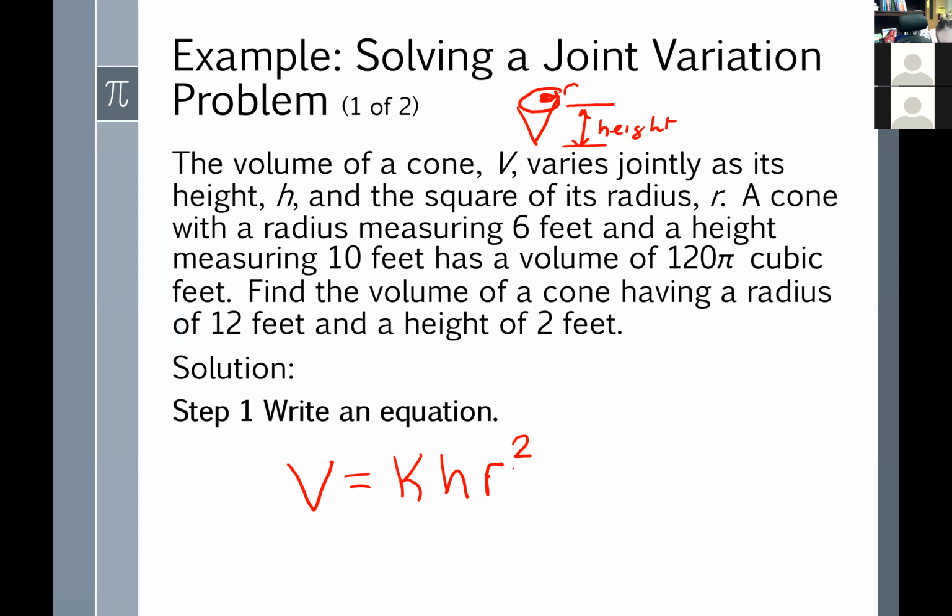Then they tell me about a cone with a radius of 6 feet and a height of 10 feet. So we're going to make those substitutions, 120 pi for the volume, 6 feet for the radius, and 10 feet for the height, and solve for K.